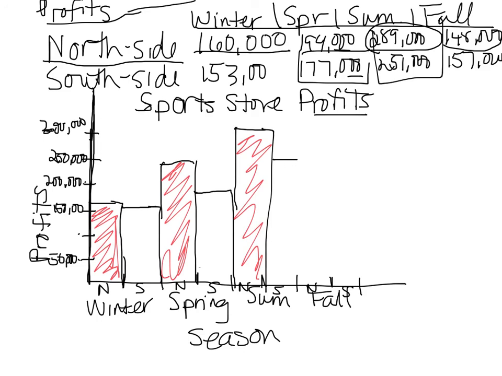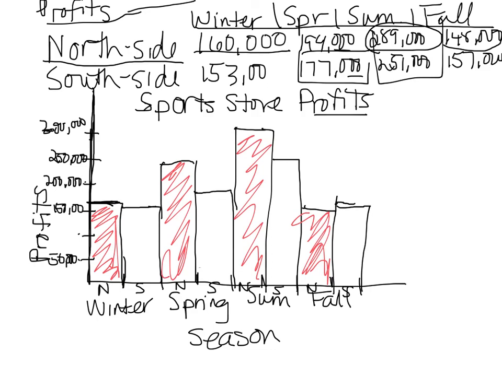Again, it's almost exactly there. Finally, 148,000, which is way down here, right below 150. I'm going to make that red because that's all the north side ones. And then finally, 157. Actually, it should be lower than my, so that should be right about here.